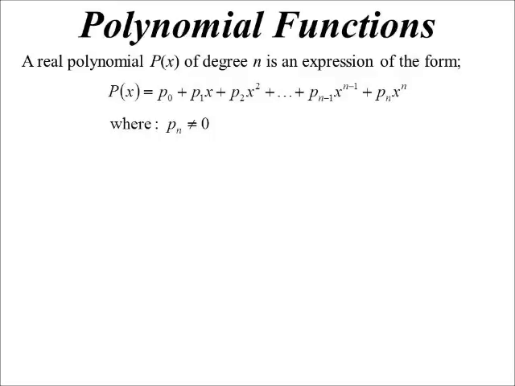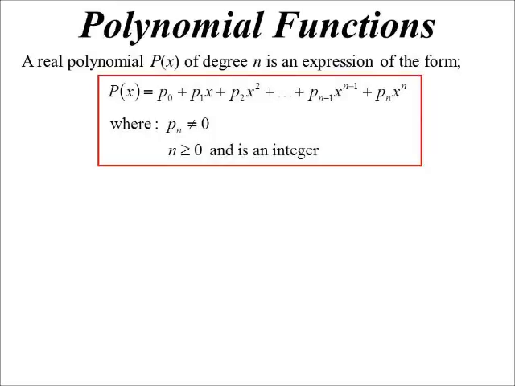And if it wasn't there, then the highest power wouldn't be n. The highest power would be n minus 1. And n is always a whole number, or in fact, a positive, or 0, whole number, for it to be a polynomial.